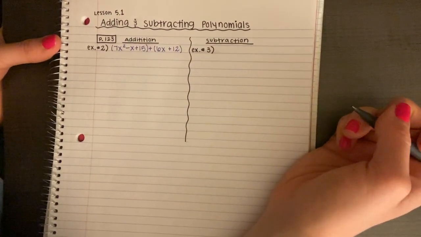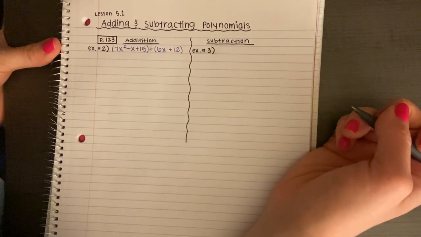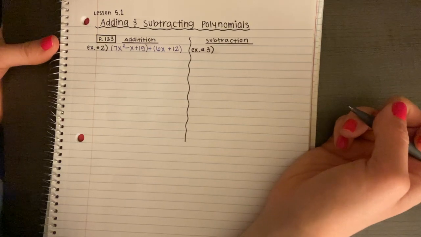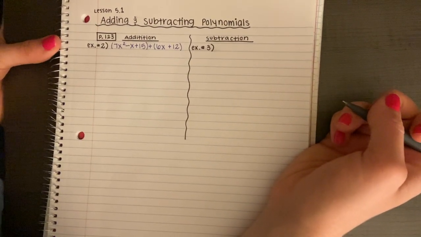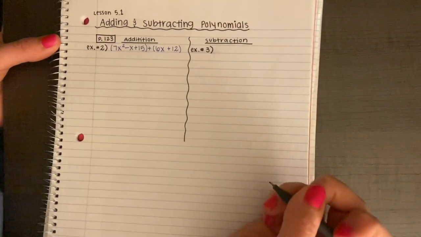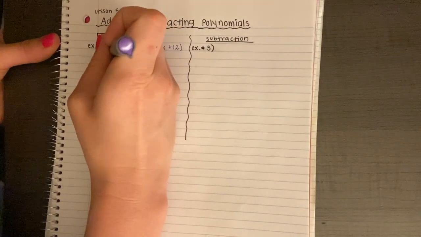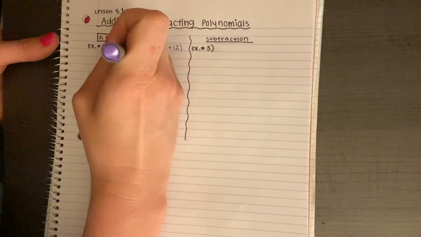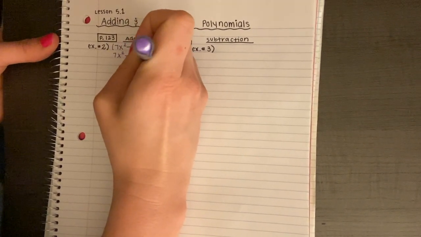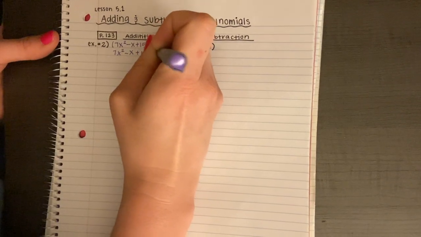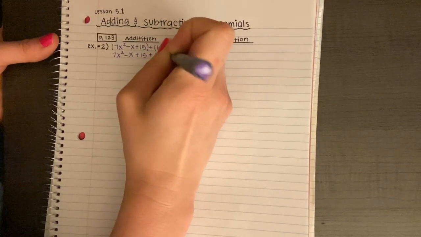Because this is an addition problem, I don't have to change anything when I take out the parentheses. All I am going to do first is take away the parentheses and rewrite the problem. So we have 7x squared minus x plus 15 plus 6x plus 12.